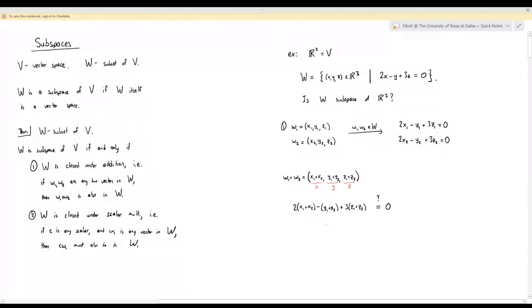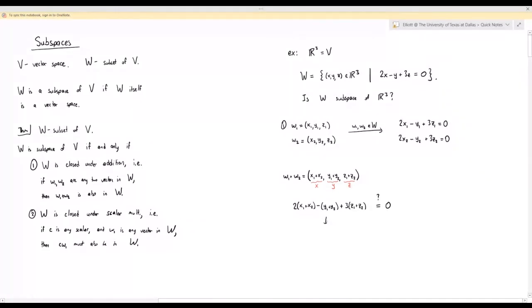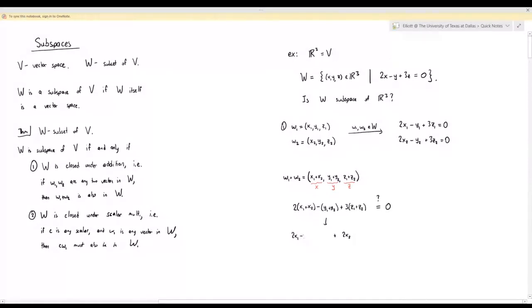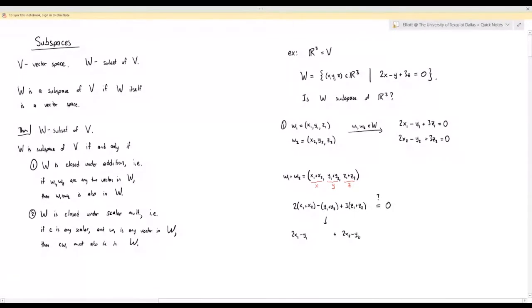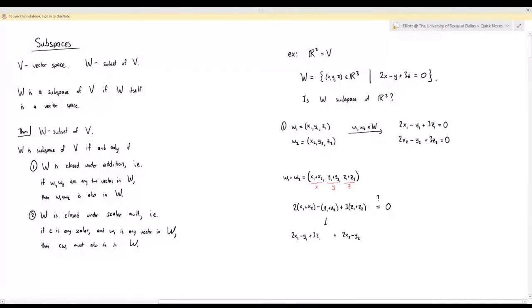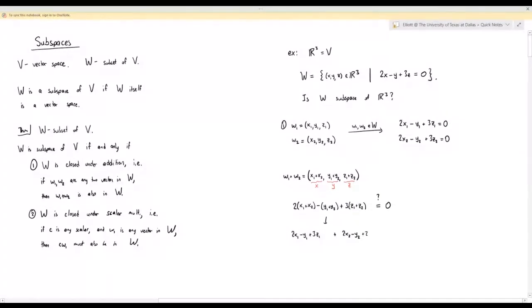So what we can do is distribute everything out. You're going to get 2x1 plus 2x2, a minus y1 and a minus y2, and a plus 3z1 and a plus 3z2.